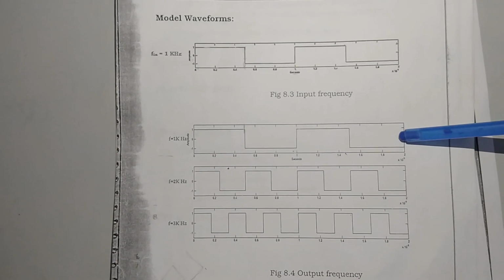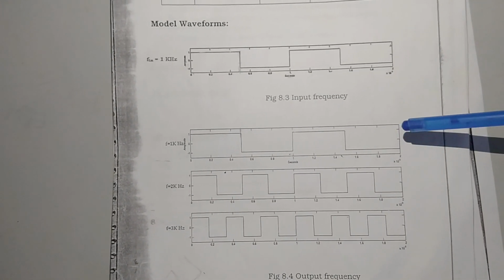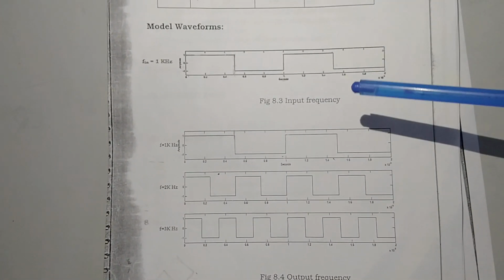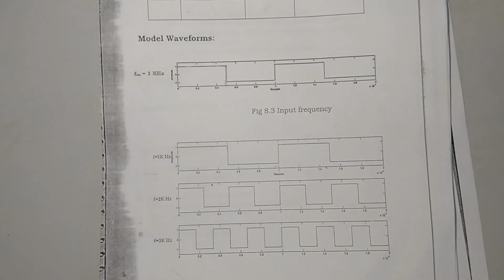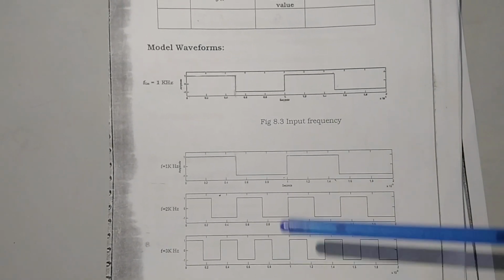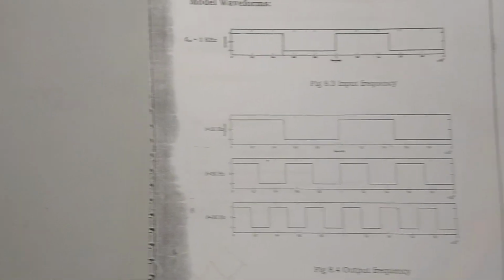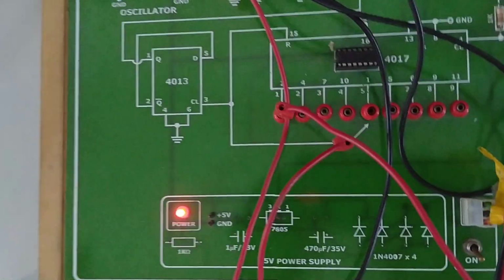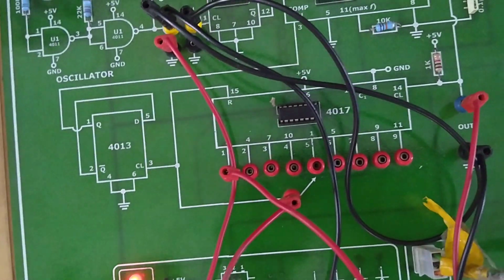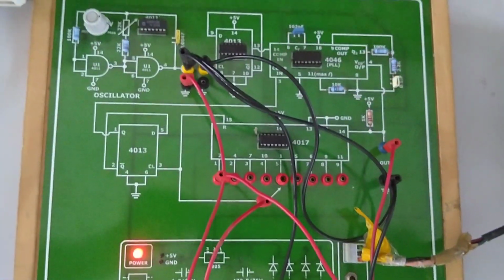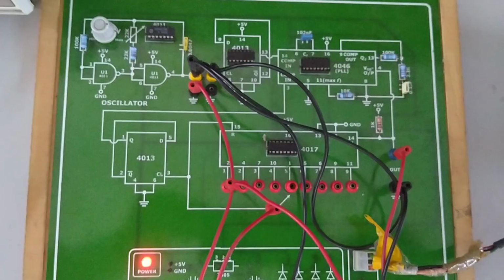Here I explained only the cases of the multiplier values 1, 2, 3. If the requirement is more than 3, you may get 4 kilohertz, 5 kilohertz, 6 kilohertz, and so on, right? Since we have a decade counter, the maximum possibility is up to 9 times multiplication, all right?